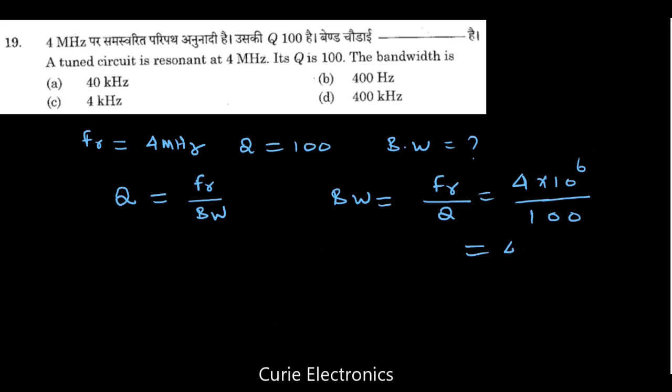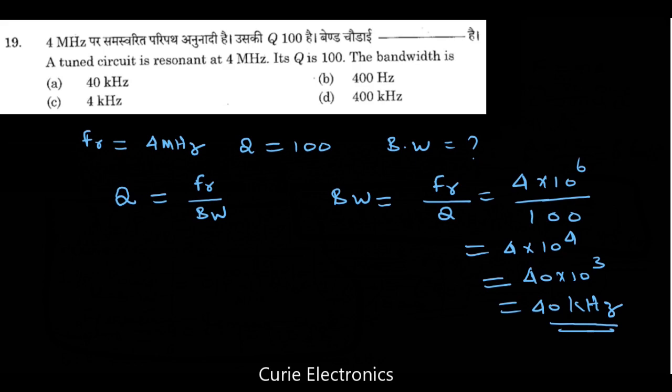We can write it as 4 into 10 to the power 4. That means we can write it as 40 into 10 to the power 3. This is equal to 40 kilohertz, is the answer.